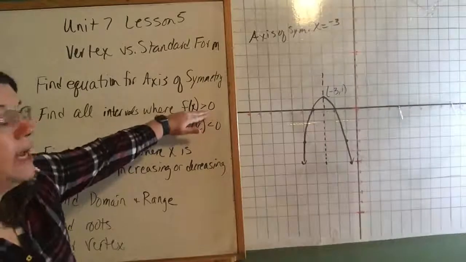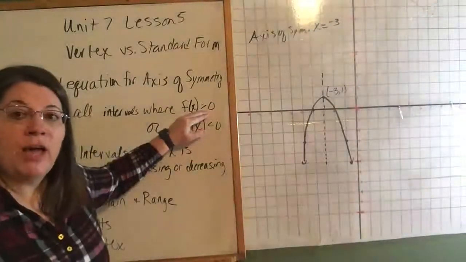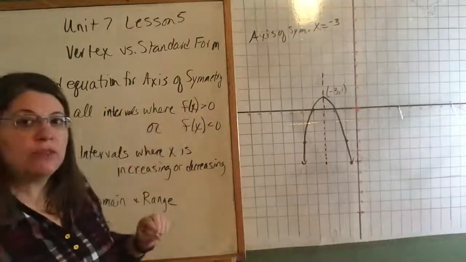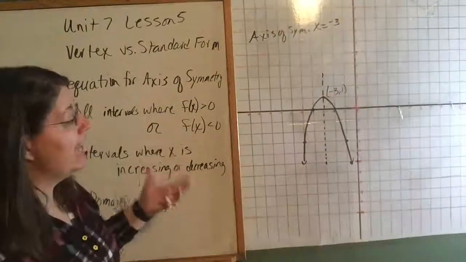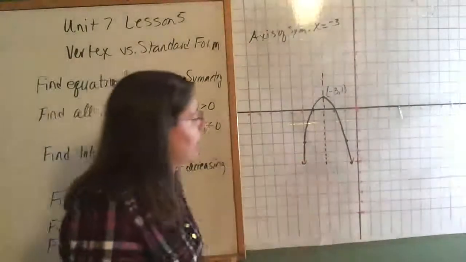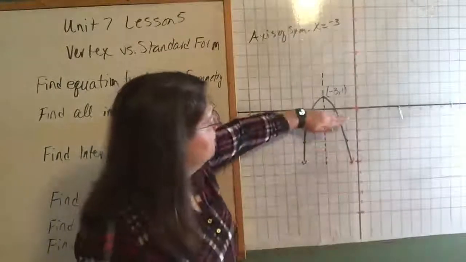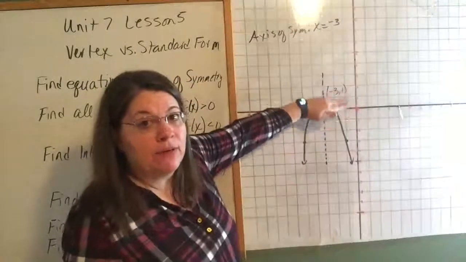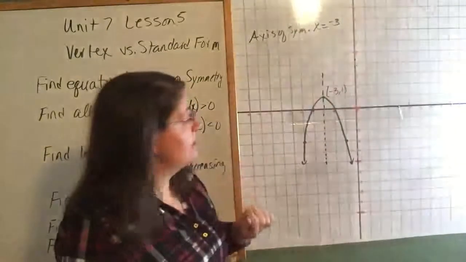The next thing they're asking us to find is all intervals where f of x is greater than 0. What that means is find all the values where the y is greater than 0, now in terms of the x values. If you look at this parabola, notice anything above the x-axis, your y value is above or greater than 0.